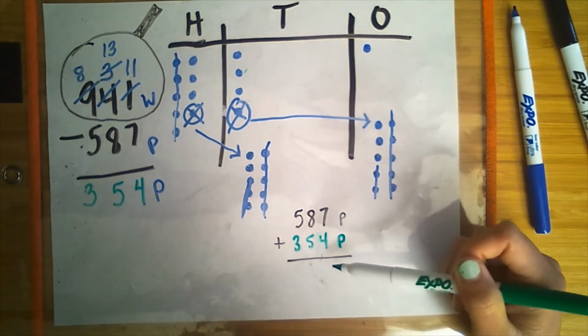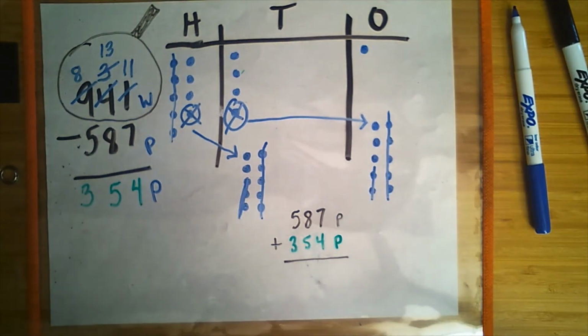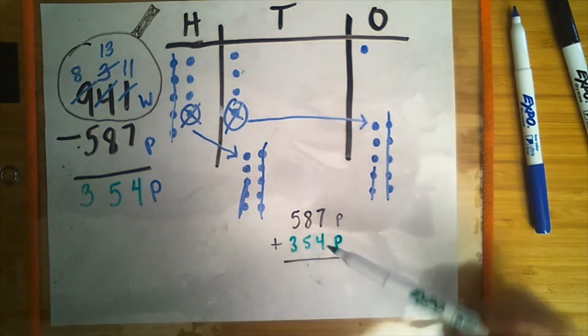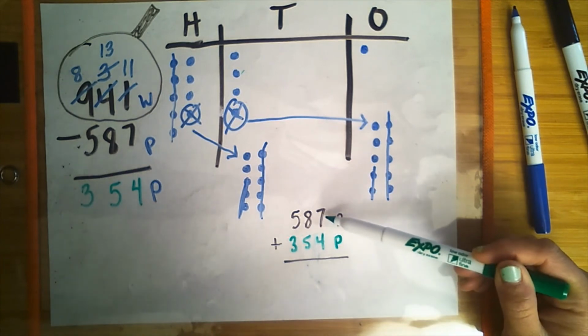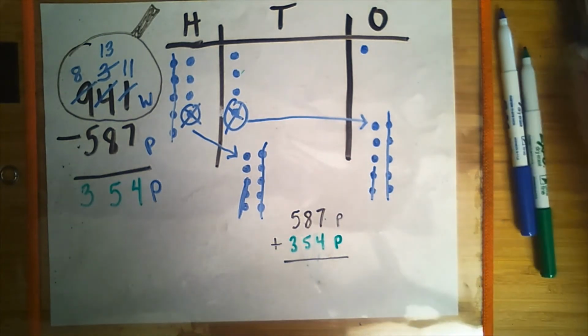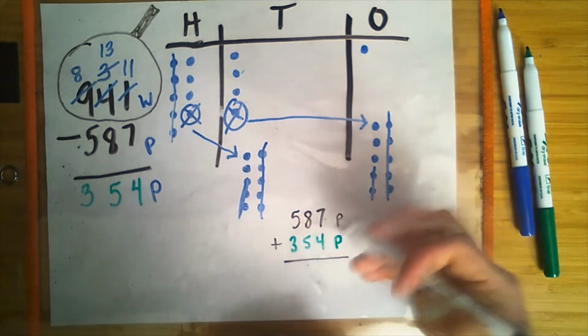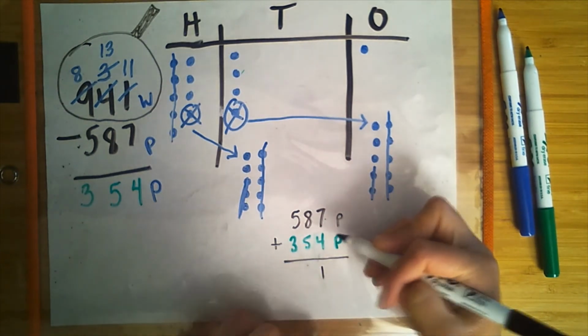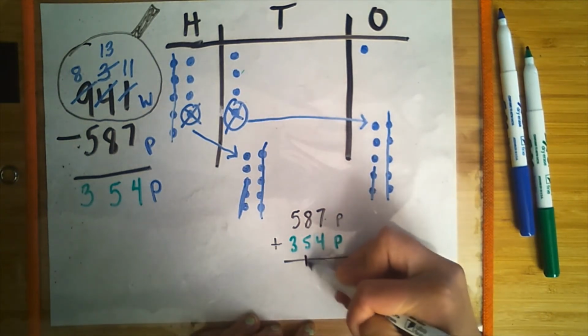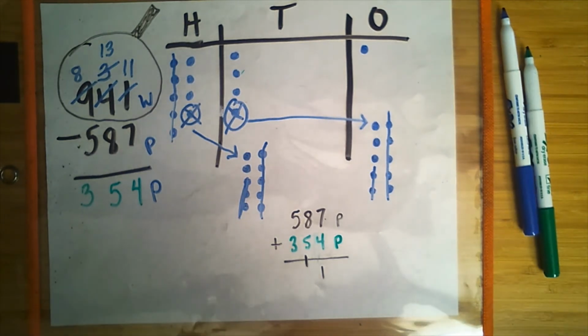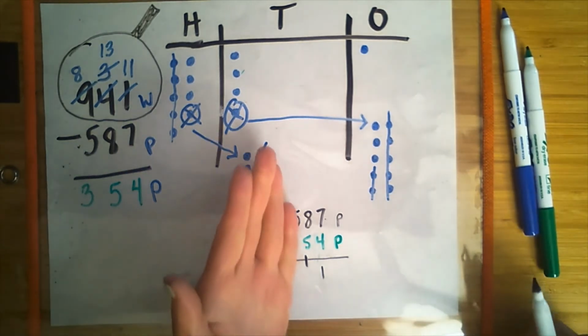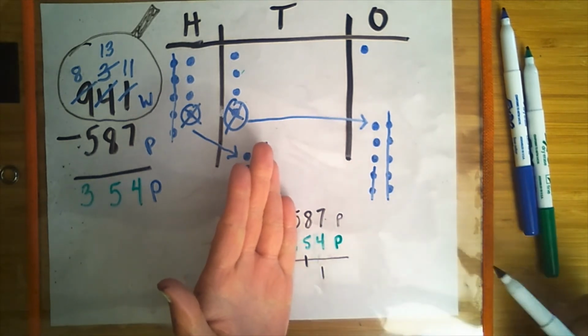So I'm taking a look at my ones place, and I know that it only takes 3 more to get to 10 from 7. So I would have 1 left over, and I would have a new group of 10. Moving on to my tens place.